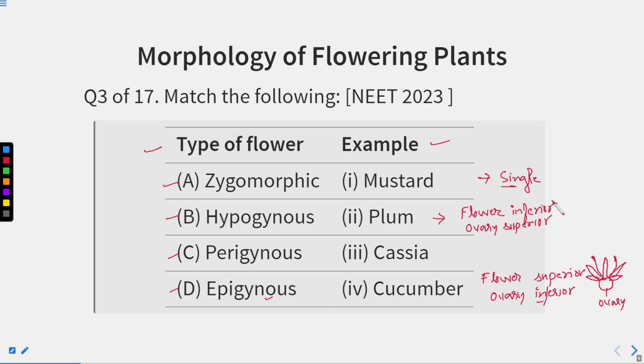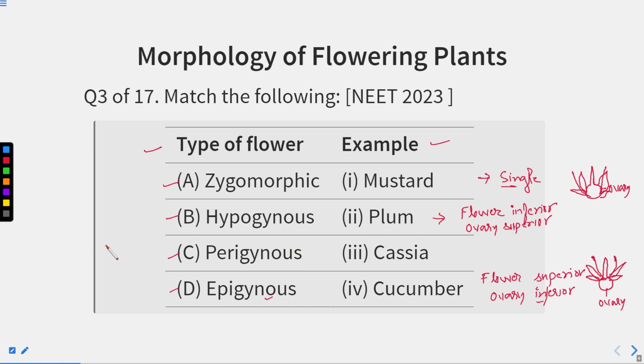In hypogynous, flower is inferior, ovary is superior. This is the ovary. Flower is inferior. Stamens and petals and sepals will arise from here. These are the petals. And we have sepals. Okay. Now perigynous flower. Perigynous flower, what happens?